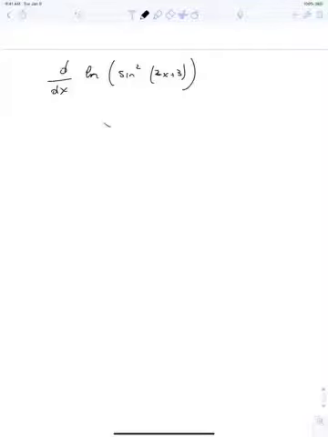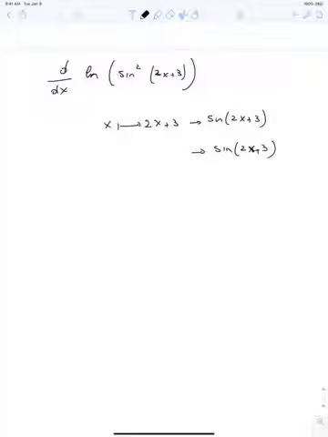This one is a complicated function because we take x, we compute 2x plus 3, we then compute the sine of 2x plus 3, and then we compute the square of the sine of 2x plus 3, which is equal to this. It's just a different notation for the sine square. And then we compute the log of this quantity here.